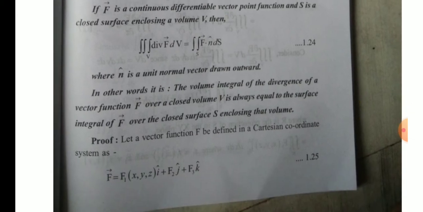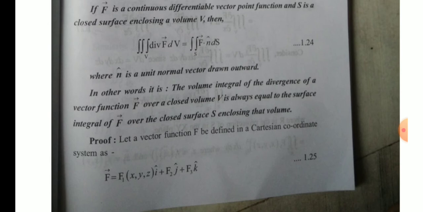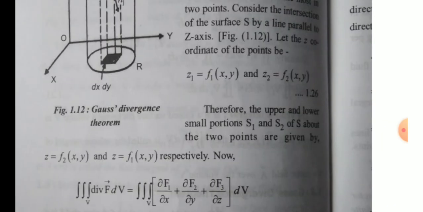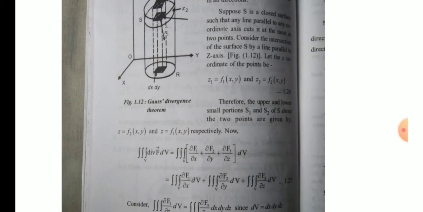Let a function F be defined in the Cartesian coordinate system. F bar is equal to F1 i cap plus F2 j cap plus F3 k cap, where F1, F2, F3 are all functions of x, y, z, and their derivatives are assumed to be uniform, finite and continuous in all directions.